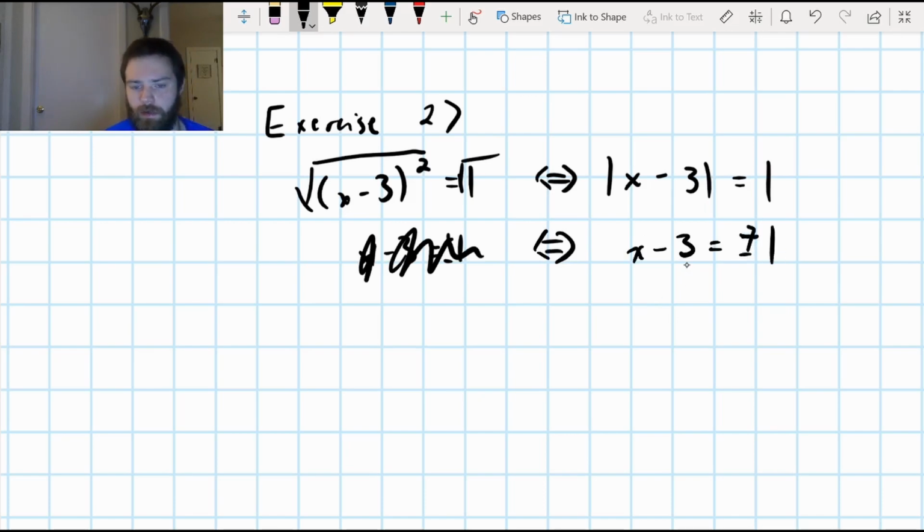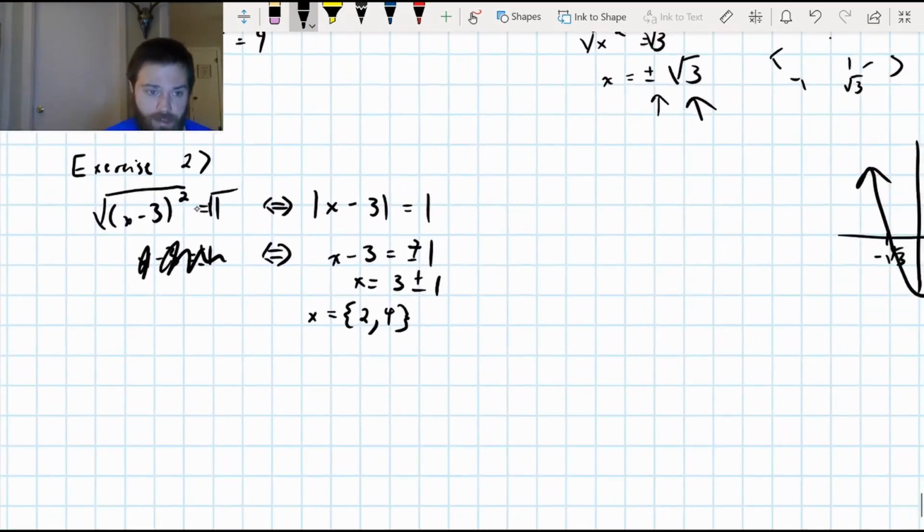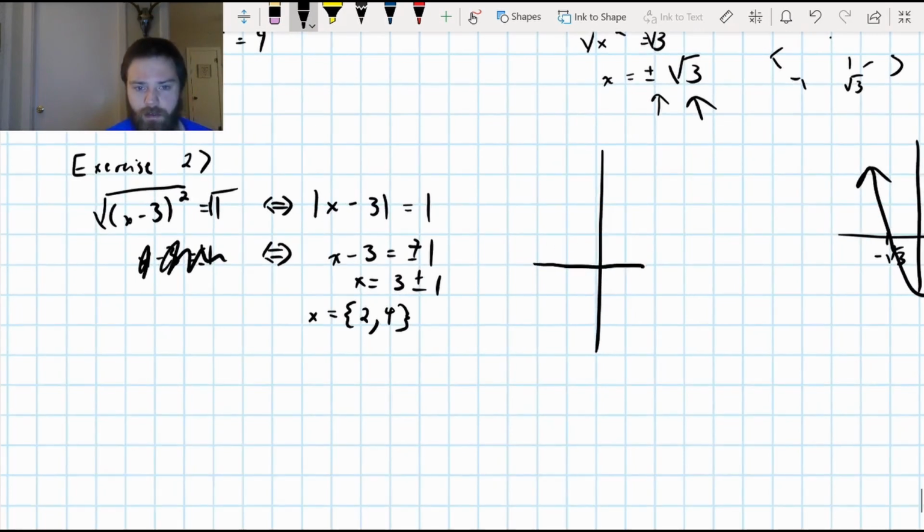So then x equals 3 plus or minus 1, which means x is both 3 minus 1, which is 2, and then 3 plus 1, which is 4. So that's telling me that this quadratic, x minus 3 squared equals 1, if I looked at these x values, they would hit here and here, okay?